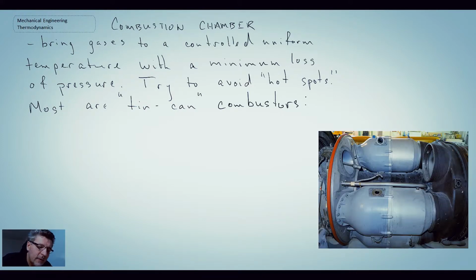So that's what the combustion chamber does. It's taking our high pressure air from the compressor. We try to minimize the amount of loss as well as hot spots. And they're essentially tin can combustors.